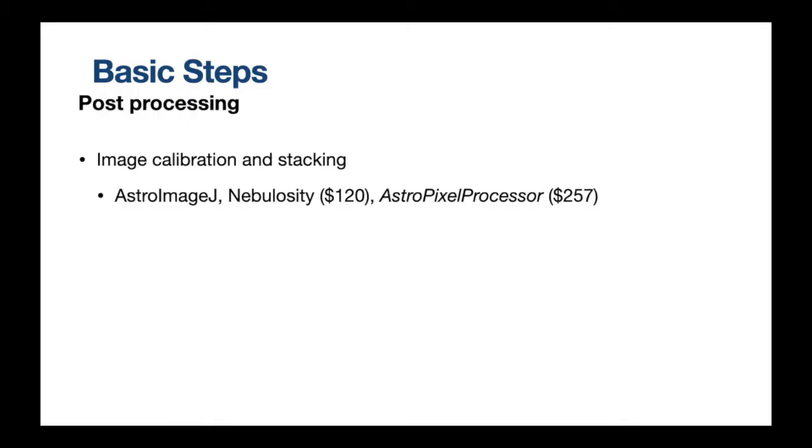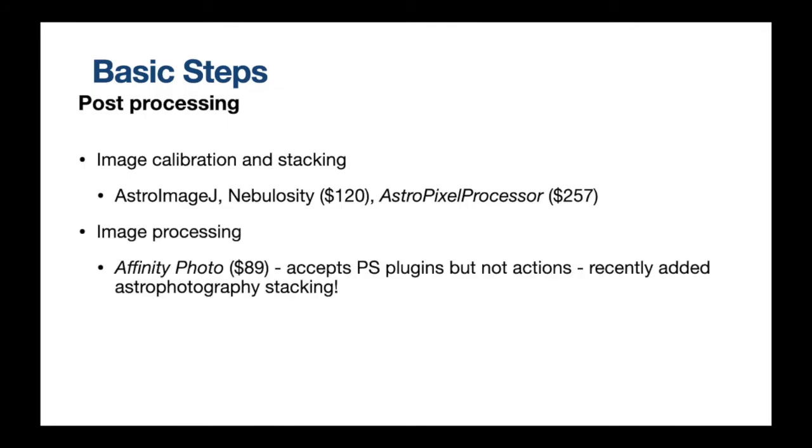So yeah, the next tool in the process is your image processing. Affinity Photo is a new tool that's out, very low cost compared to something like Lightroom or Photoshop, and it accepts Photoshop plugins. And now in the latest version, they added astrophotography stacking, which is very nice.